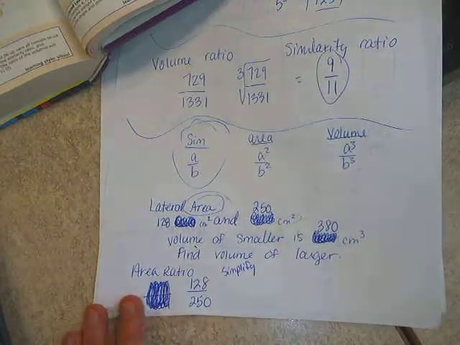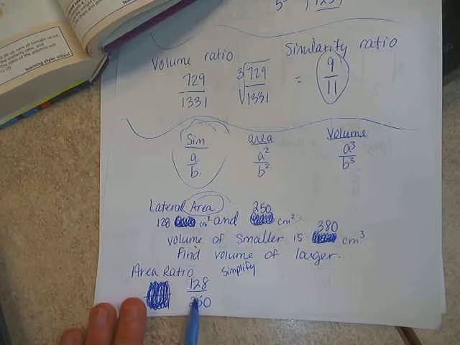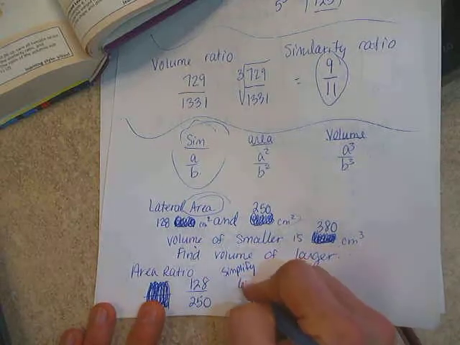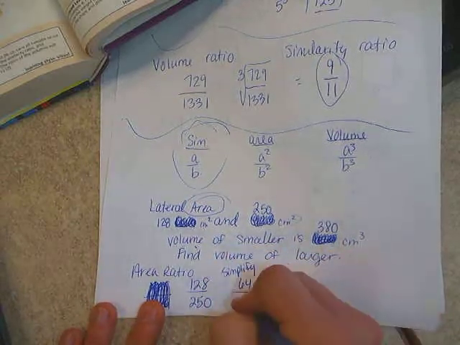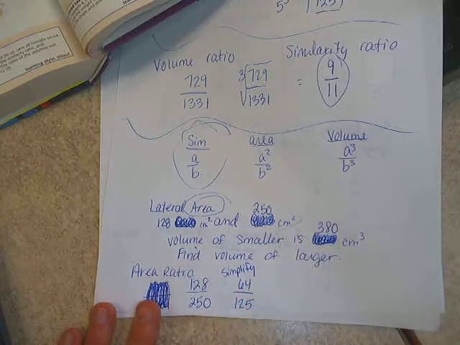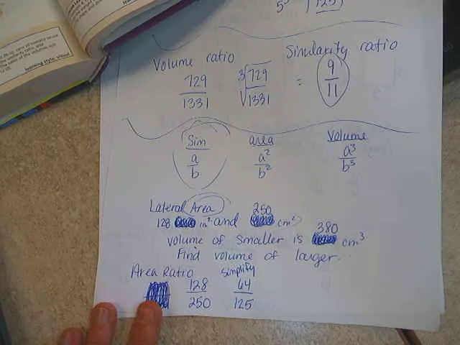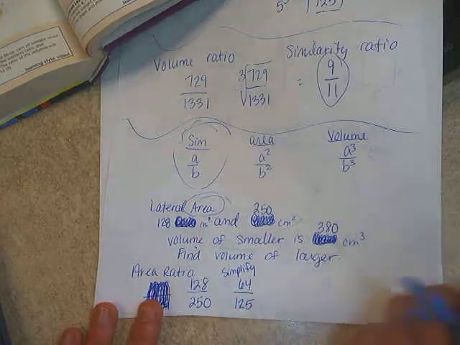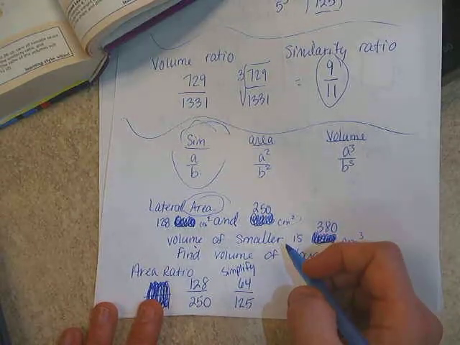So set up an area ratio with 128 and 250. Those are not perfect squares, but they're both divisible by 2, right? So the first thing we're going to do is simplify. We're not changing it from an area ratio yet. If you divide by 2, we get 64 over 125.